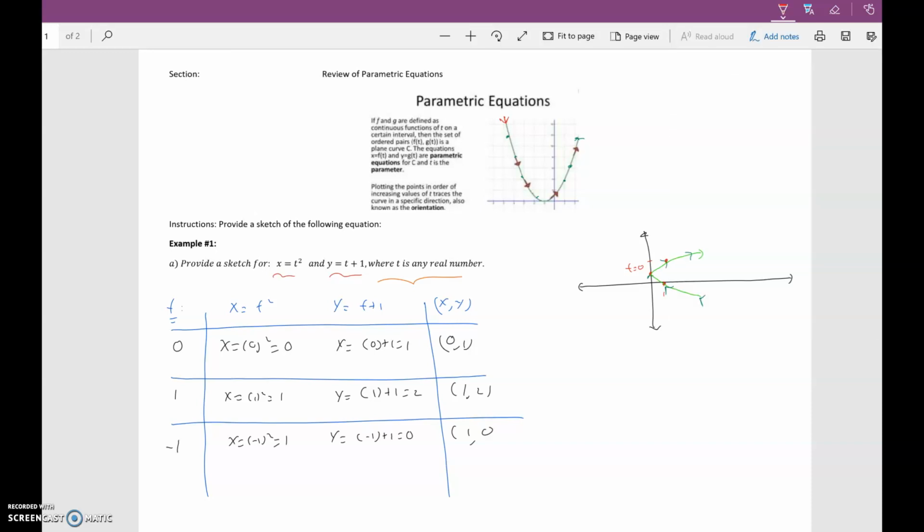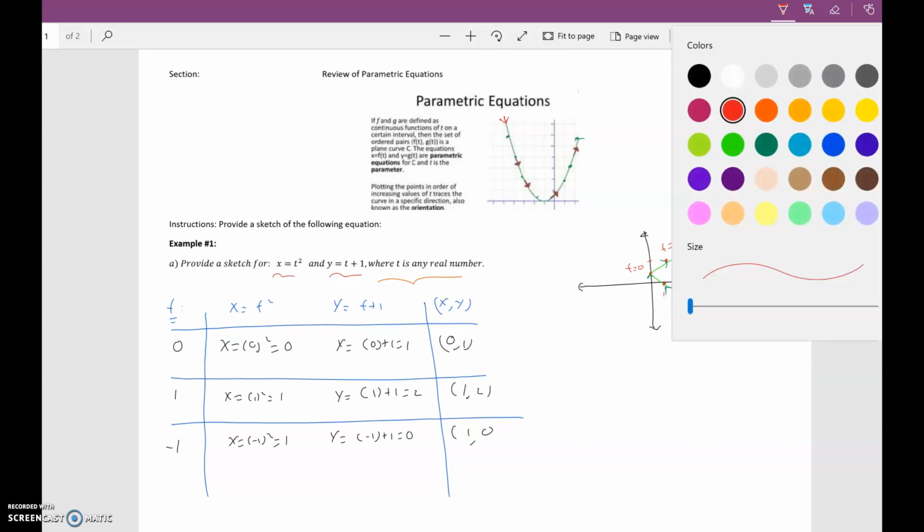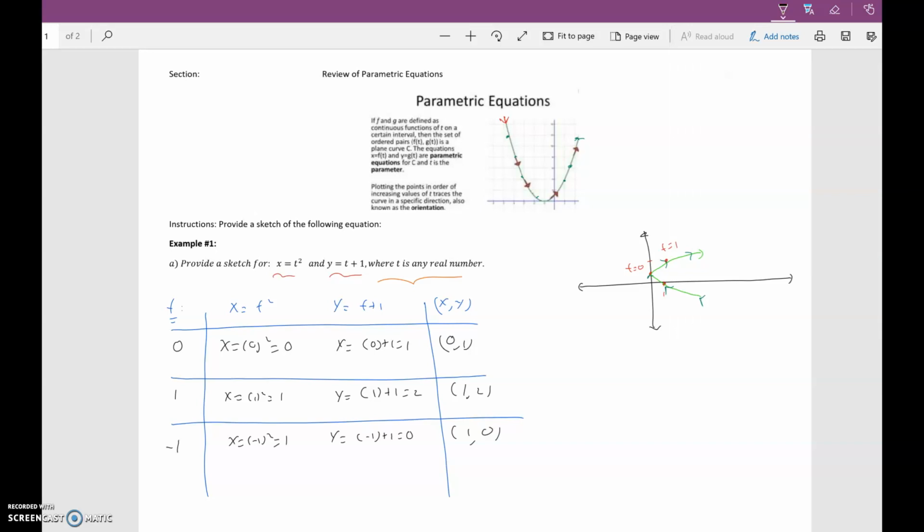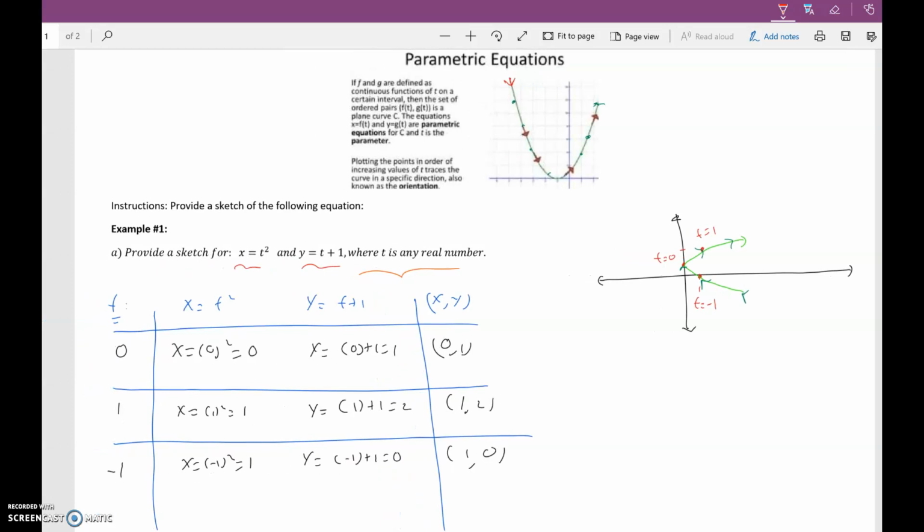The coordinate point 1, 2 is at t is equal to 1. The coordinate point 1, 0 is at t is equal to negative 1. So our actual graph is going in this direction. These are your coordinate points.